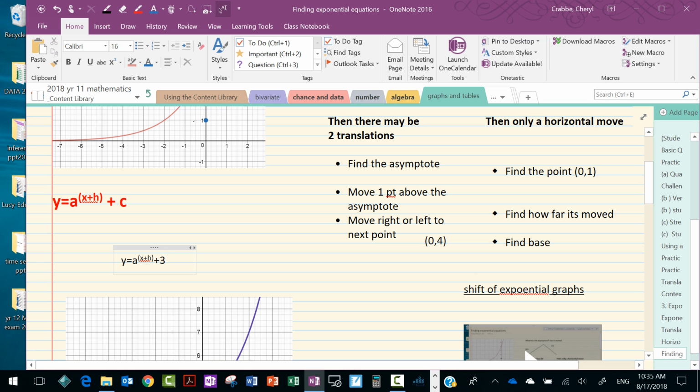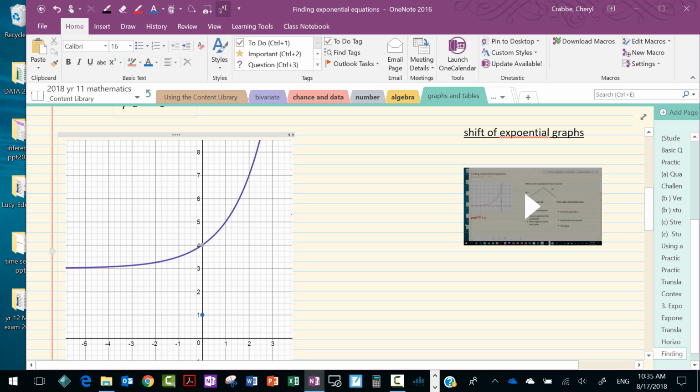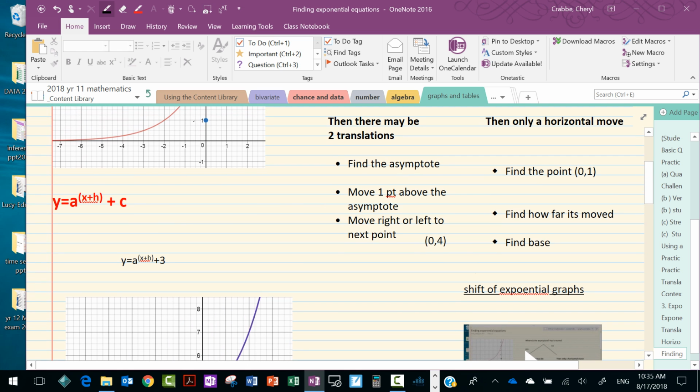Now, once we've got that, if there's been more shifts, so what we do now, find the asymptote, which you've done, move 1 point above the asymptote. So if 3 is that, then we move up, right? We just move up 1 here. And we get to the next part.